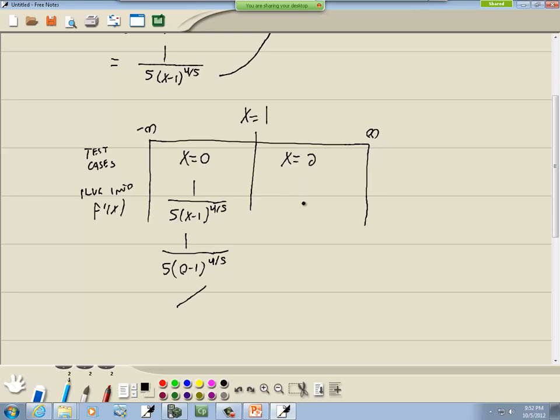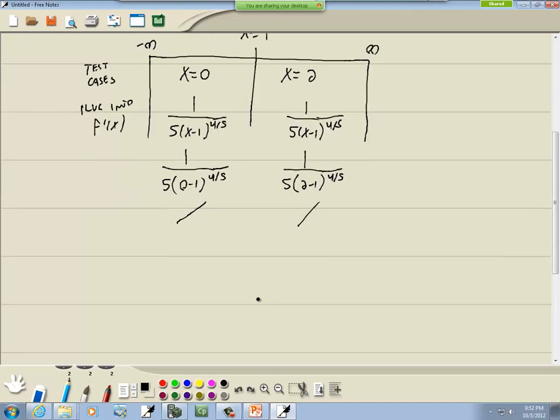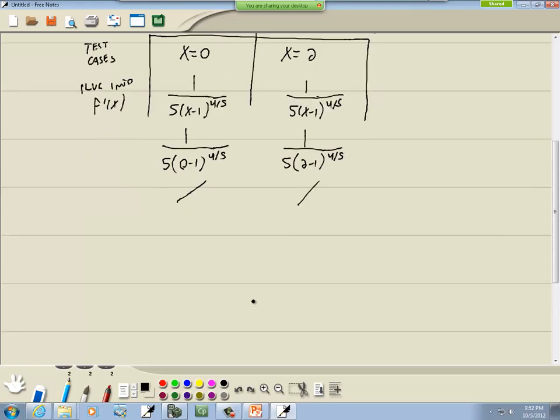And if I put 2 in here, I get 2 minus 1 to the positive 4/5, which also gives us a positive number, so this is increasing. Now I notice it's not changing from increasing to decreasing. So with this one, there is no extrema. There's no mins or maxes.